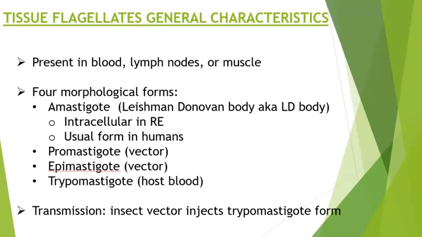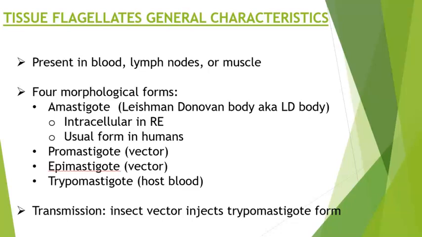RE stands for reticuloendothelial, and you usually find the reticuloendothelial cells in organs like the spleen, liver, lungs, and the lymph nodes, and these are phagocytic cells.